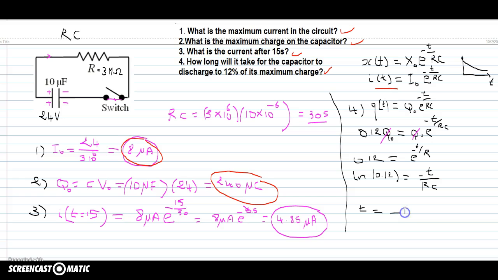It's minus RC times natural log of 0.12. All right, so RC is 30, as we have calculated here. So t is minus 30 seconds times natural log of 0.12.